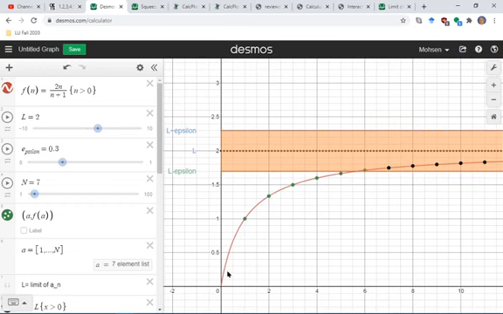The graph of the function is this red curve. If you just pick whole numbers 1, 2, 3 and so on, then you are going to get these circles. So for example, if I pick n equal to 1, I get 2 over 2, which is equal to 1. So you see I'm at height 1.